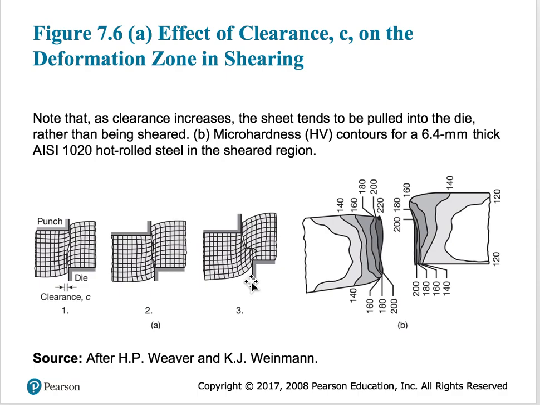So the thicker the sheet, the rougher the edges will be, and the more ductile the material, the smoother the surface will be. But if you have a very brittle or highly cold worked material, then the punch needs to travel very little in order to complete the shearing.